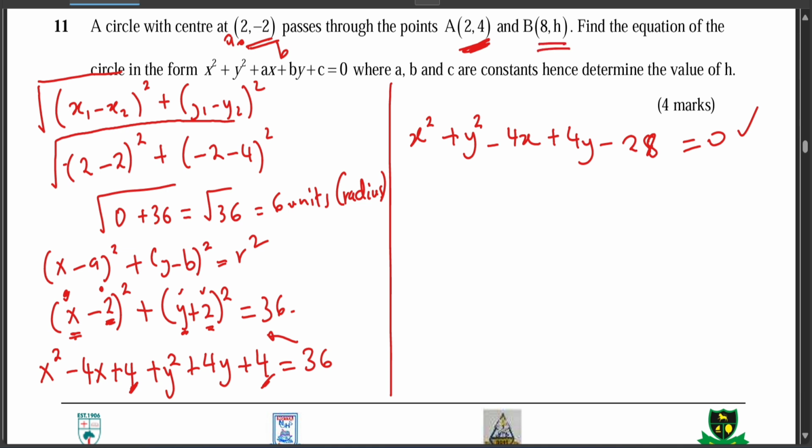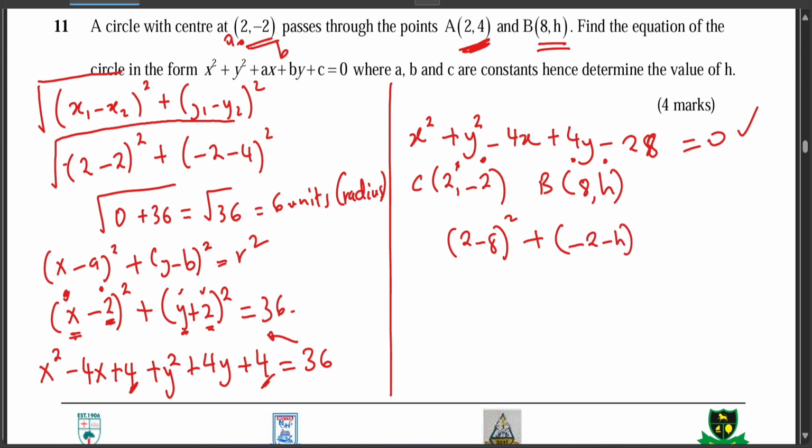So 8,h pia you use the same thing. So center si wajua ni 2,-2 na ile b yetu wajua ni 8,h. Kutumia ile same formula ya kutafuta radius, how do you use it? Let's say wachukua 2 minus 8, the same thing, x1 minus x2, then plus minus 2 minus h, then you square, it gives you a radius of 6 units.